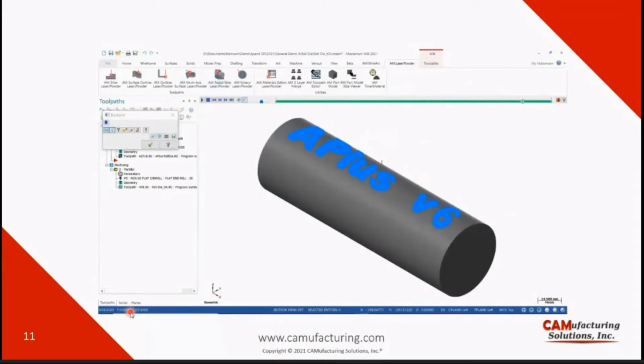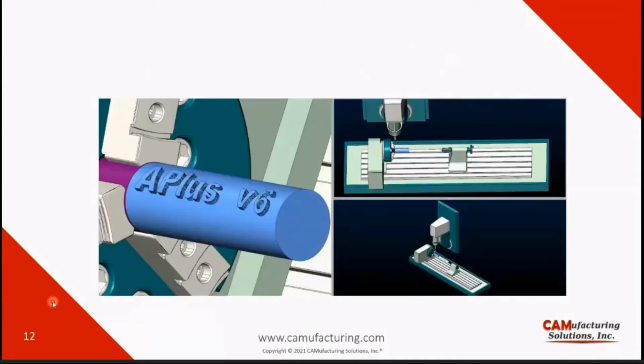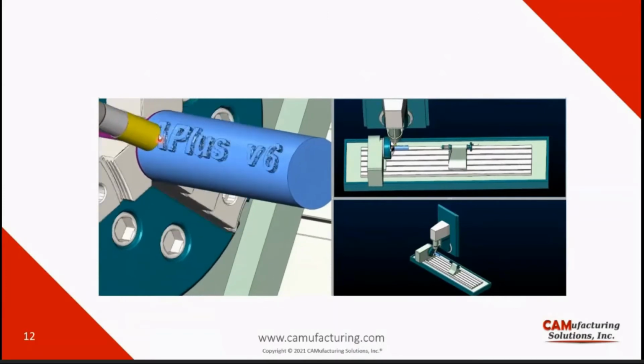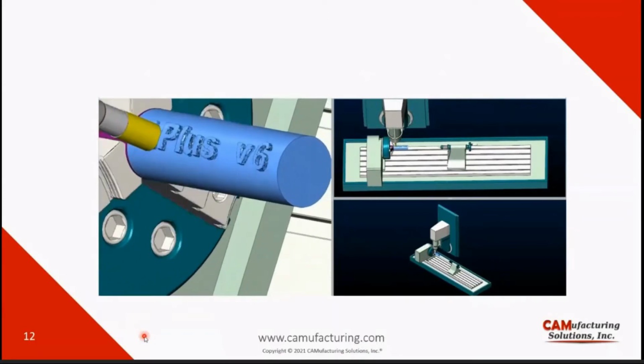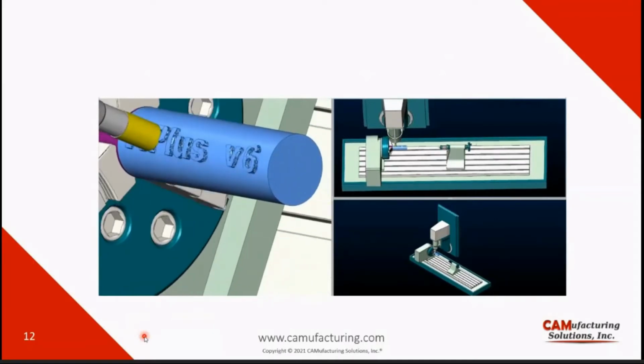And I made sure to add some extra layers on the top in order to have a final machining, which would help to have a smoother surface at the end. In order to do the final machining, this is the APlus AM part model, the simulated additive manufactured part model, which is compatible with Mastercam.